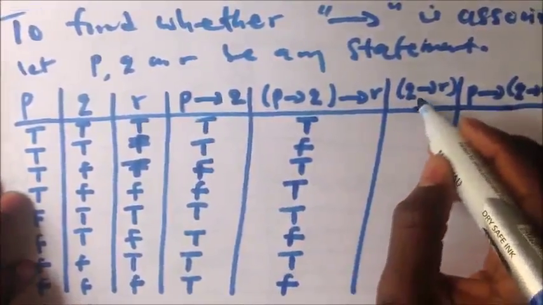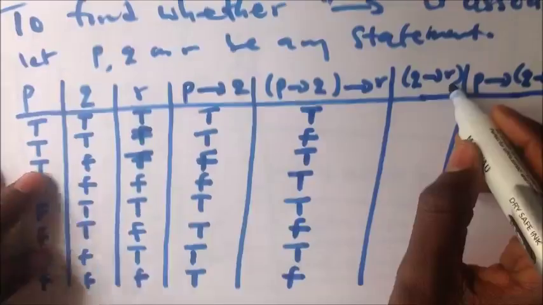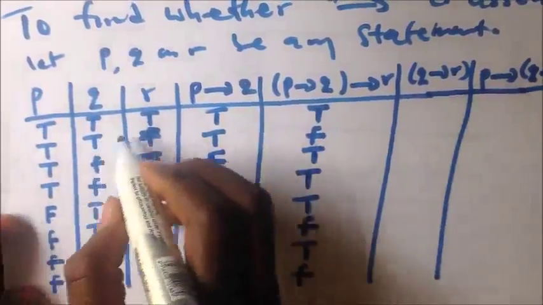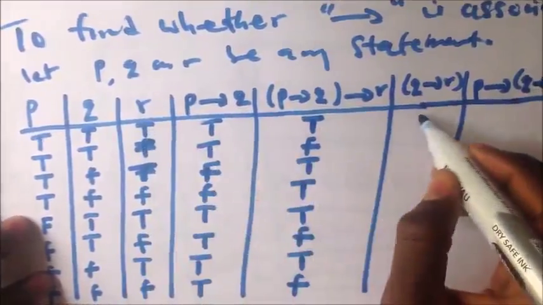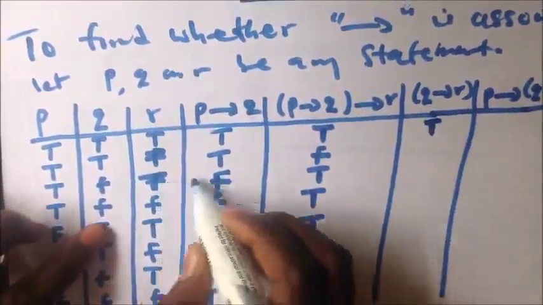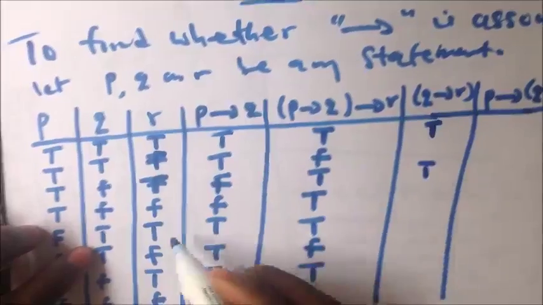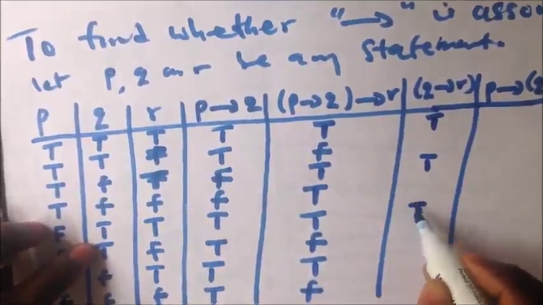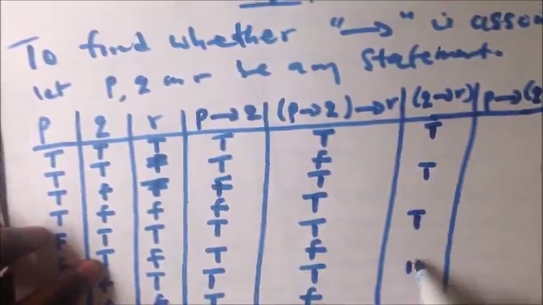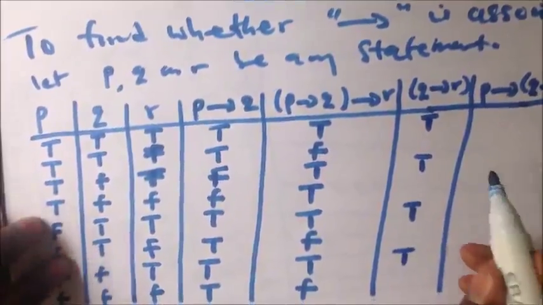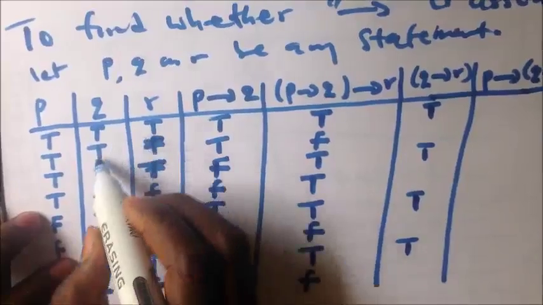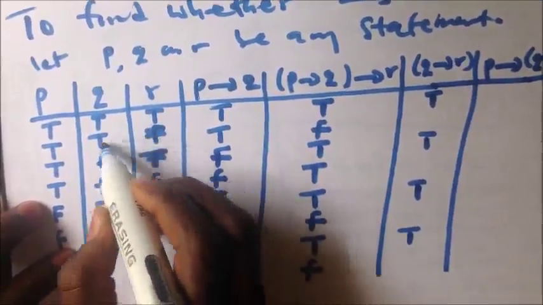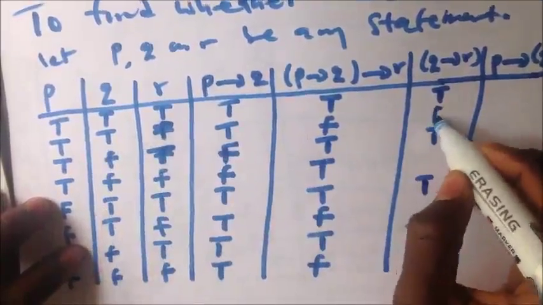Now let's find Q implies R, which uses this column and this column. Now we are applying R. Wherever R is true, we put true, so this one also will be true, this one also will be true, and this one also will be true. Now when R is false and Q is true, it's false.